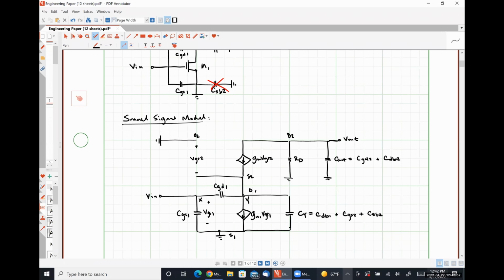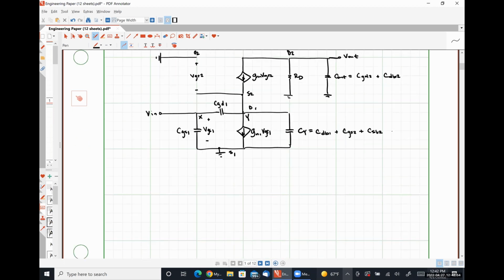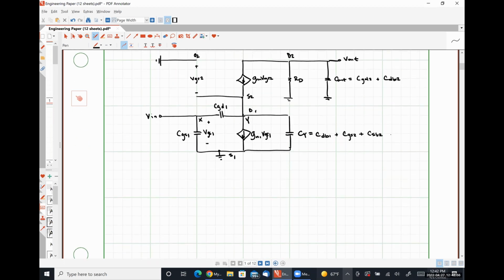All right, so if we do KCL at node X, we are going to have the current flowing through that capacitance CGS1.